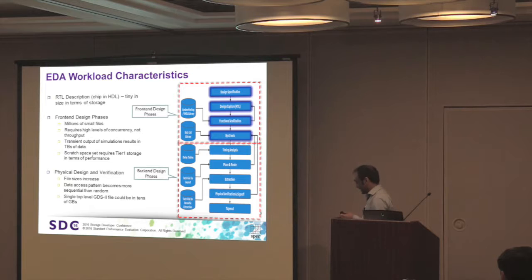Place and route is optimally using a given set of die size to optimally place all your blocks for heat characteristics as well as timing characteristics. Extraction refers to the fact that even the interconnects matter, right?